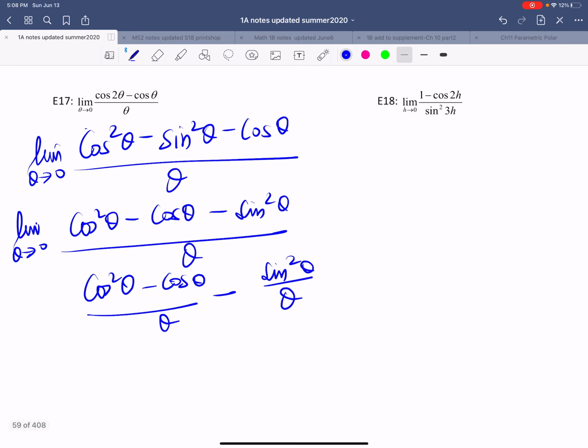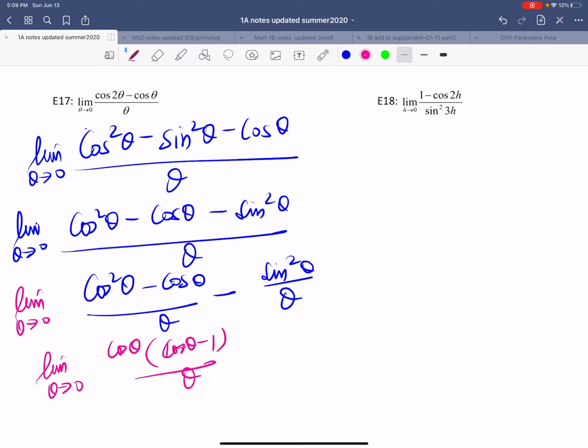Okay, so we can factor out from here. I can pull out the limit as theta goes to 0 of cos theta times (cos theta minus 1) over theta minus sine squared theta over theta.